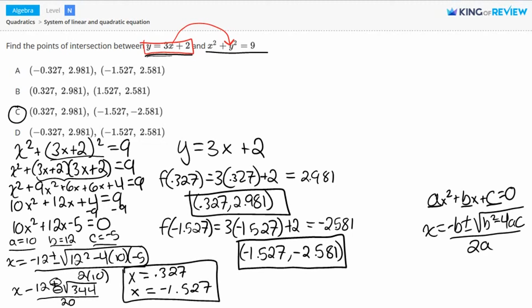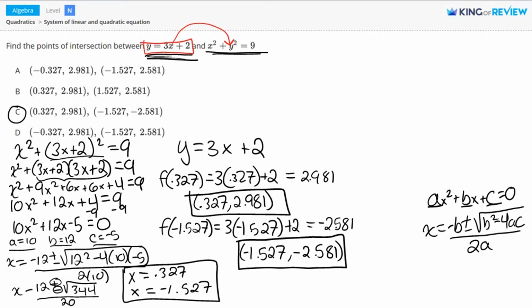So we just solved this problem algebraically using substitution, but there are other ways to solve this problem. You can graph both of these two equations on your graphing calculator and then find the points of intersection. I'm going to do a rough graph by hand of these two equations so you can see approximately where the points of intersection are.